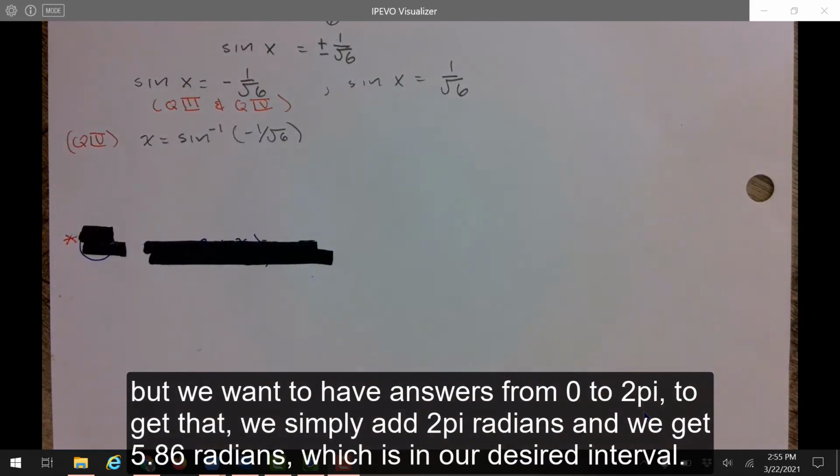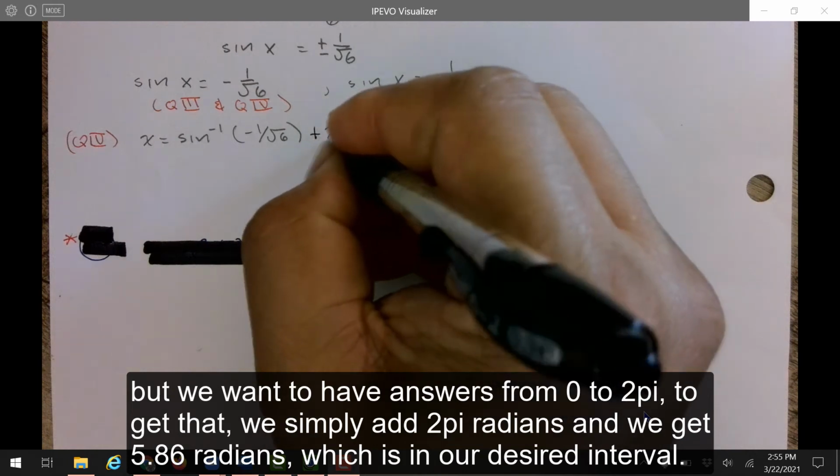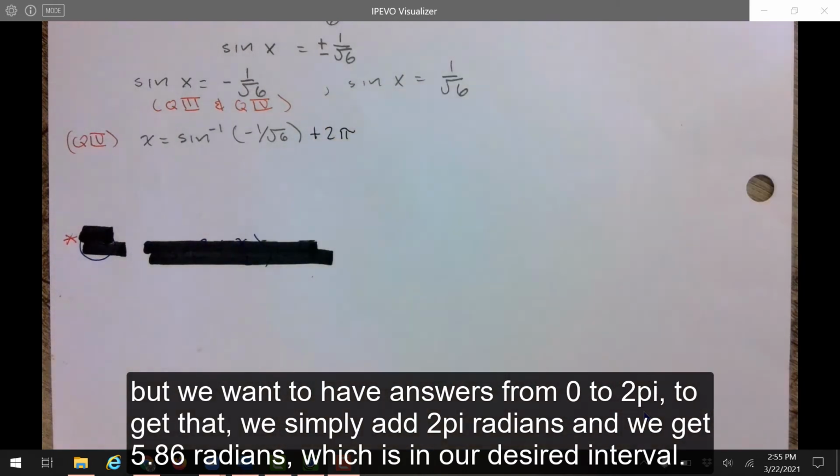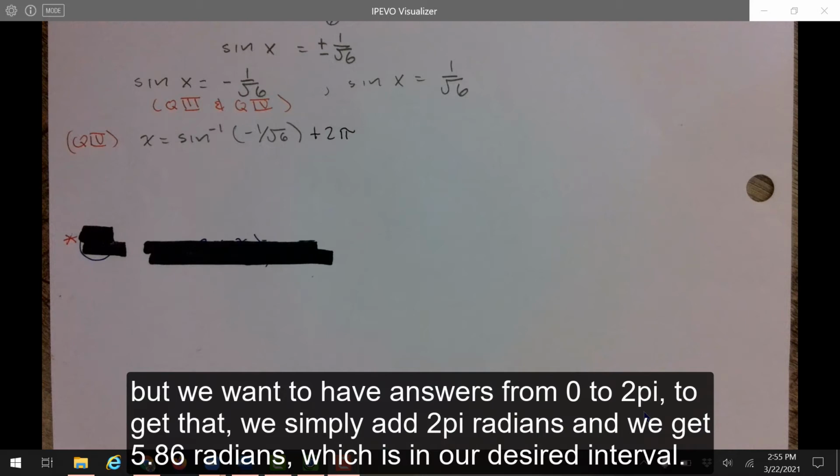But we want to have answers from 0 to 2 pi. To get that, we simply add 2 pi radians, and we get 5.86 radians, which is in our desired interval.